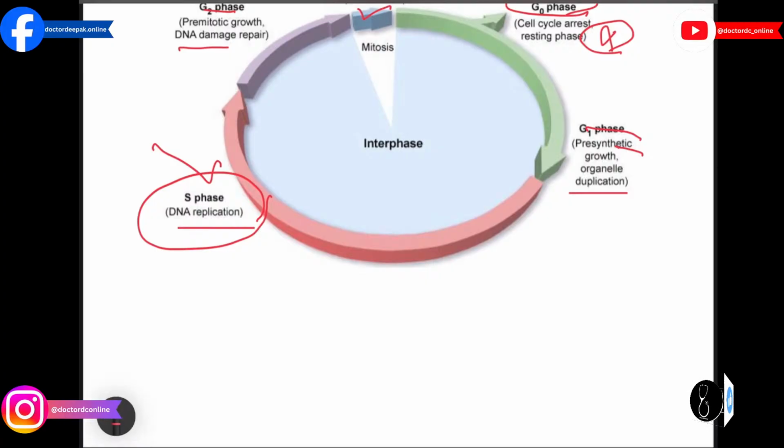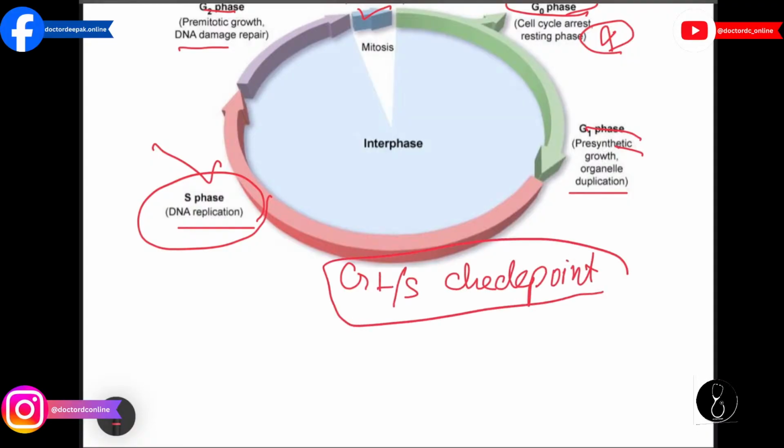So immediately prior to the S phase is the G1/S checkpoint. This is one checkpoint in which the cell checks whether any abnormalities are present and whether it is an acceptable cell for the S phase.